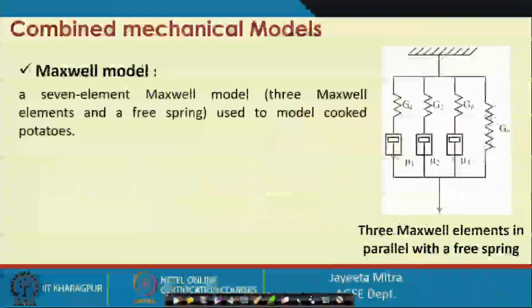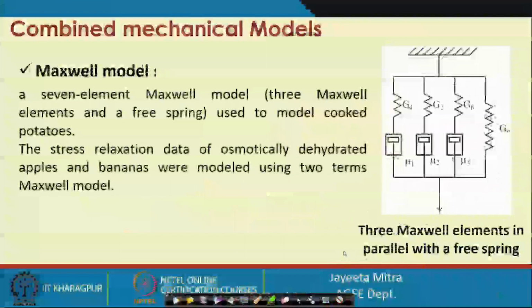Sometimes it may not be possible to express the behavior using 2 Maxwell elements. In that case it is appropriate to use many elements, and we can see the stress relaxation data of osmotically dehydrated apples and bananas were modeled using a 2 term Maxwell model.